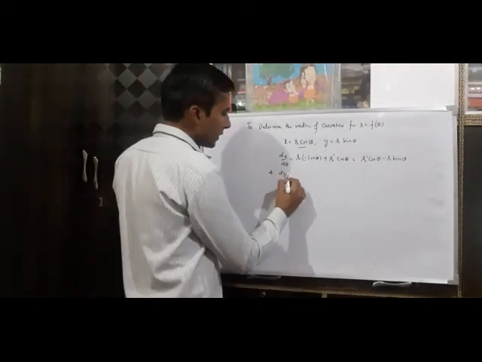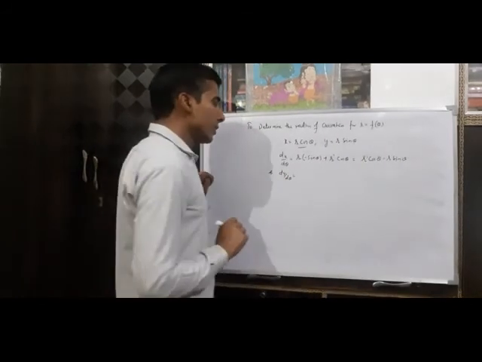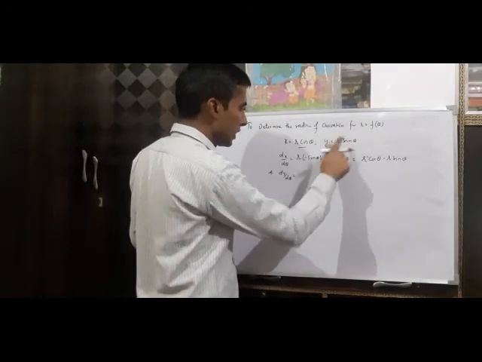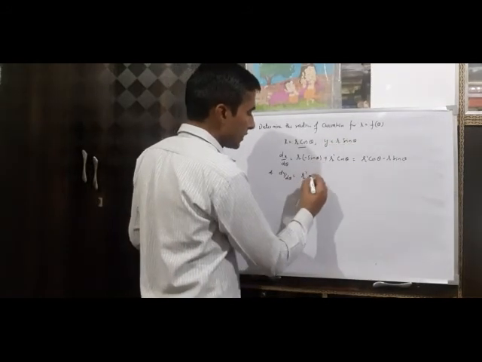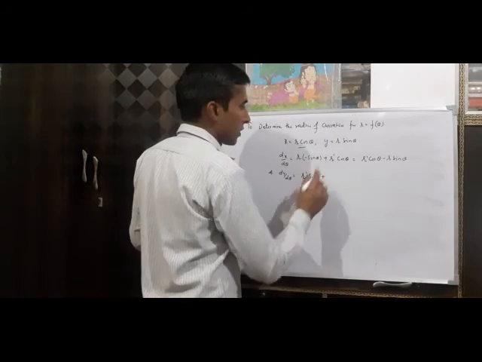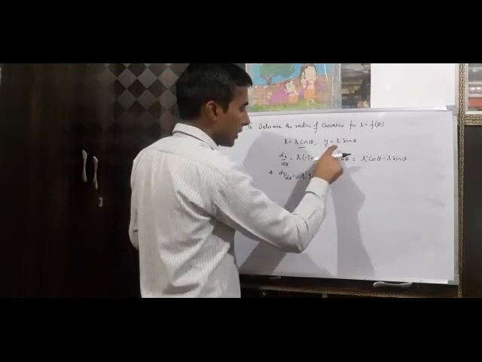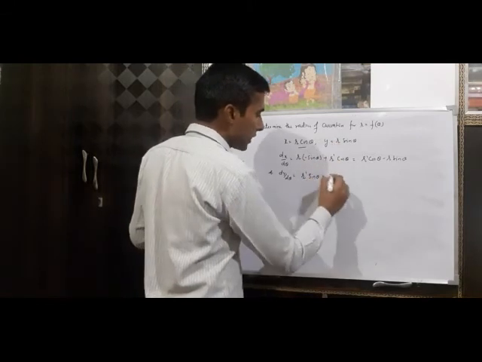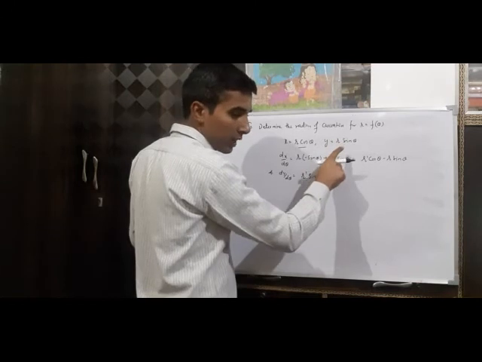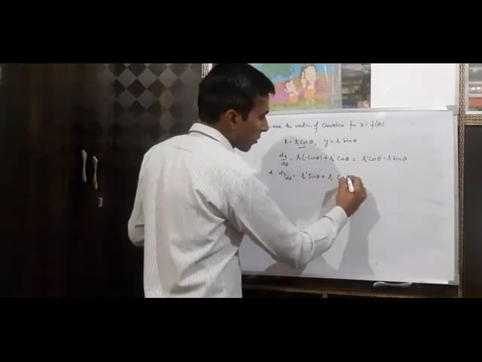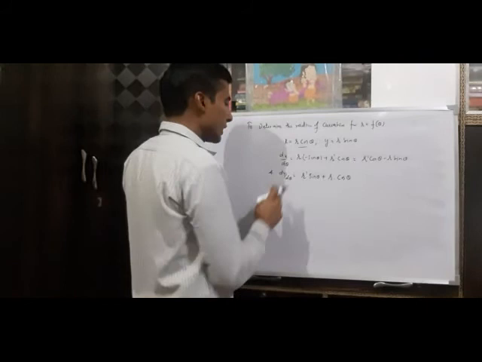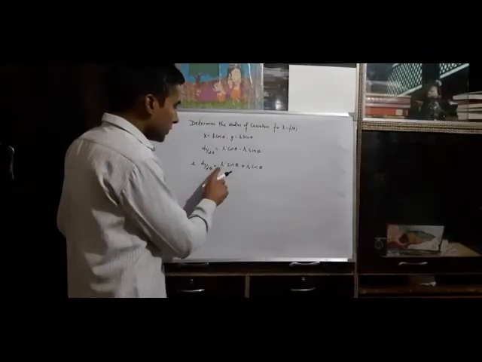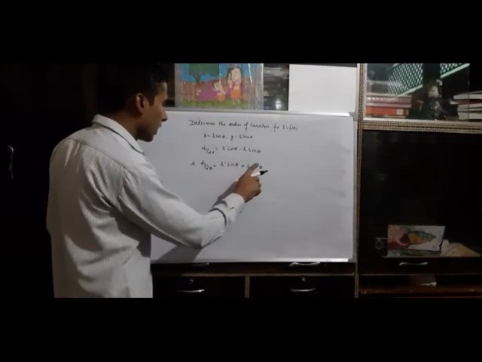And dy by d theta: y is r sin theta, so the derivative is r prime sin theta plus r cos theta. So dx by d theta is r prime cos theta minus r sin theta, and dy by d theta is r prime sin theta plus r cos theta.